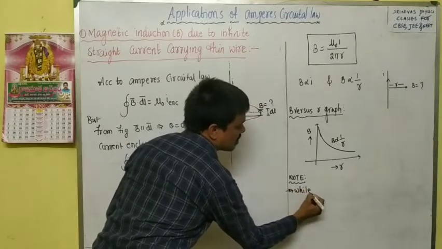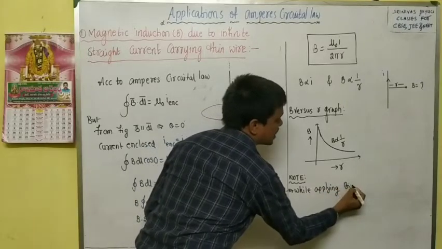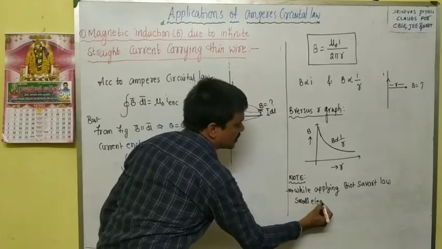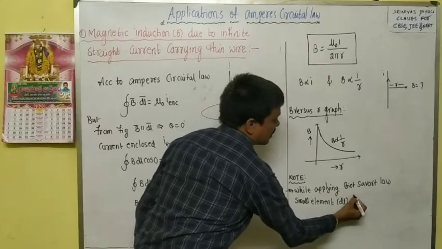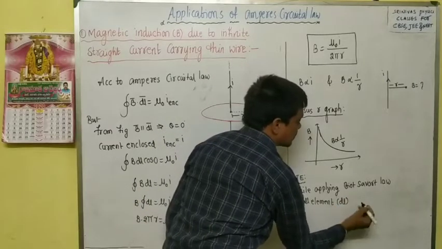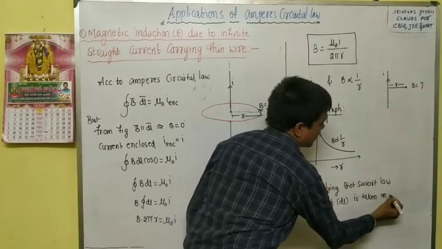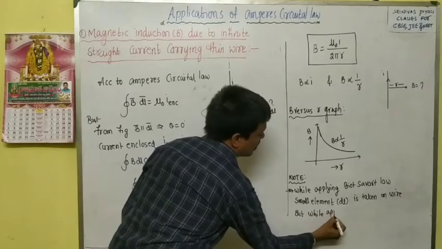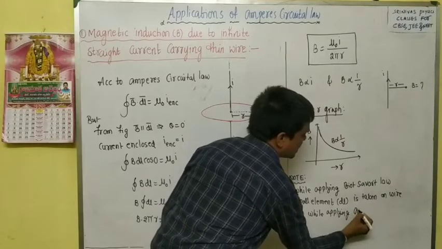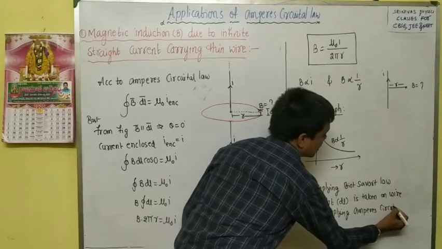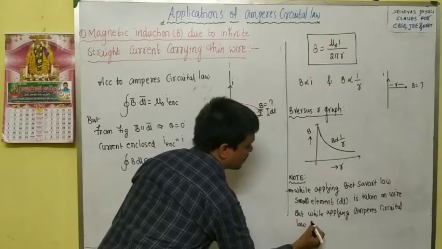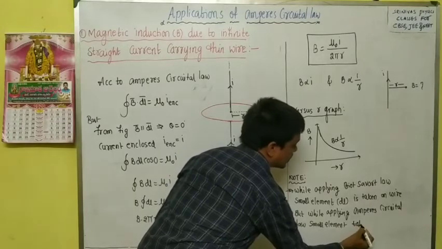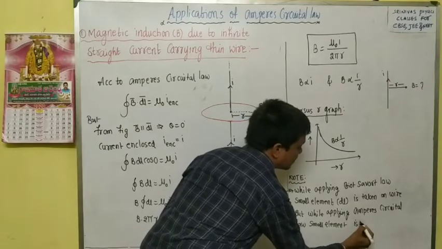While applying Biot-Savart law, the small element dl is taken on the wire, but while applying Ampere circuital law, the small element is taken on what?